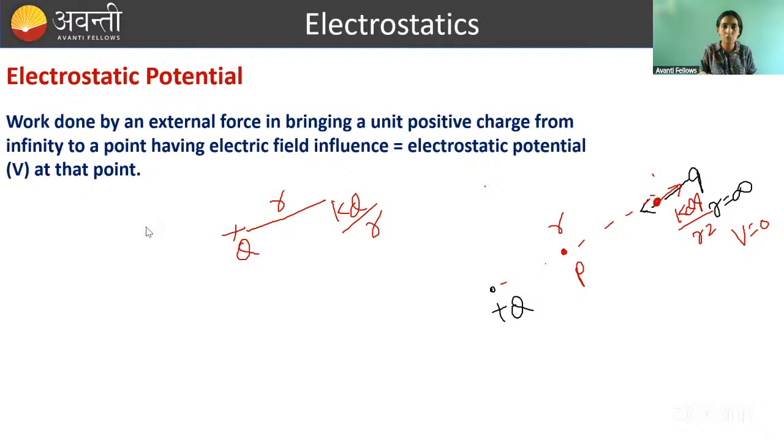And since the electrostatic force is acting in this direction, the external force we applied is in this direction. So basically, whatever amount of work we are doing in bringing a test charge from infinity to point P is getting stored in the form of potential energy, and that potential energy per unit charge was taken to be equal to electrostatic potential.